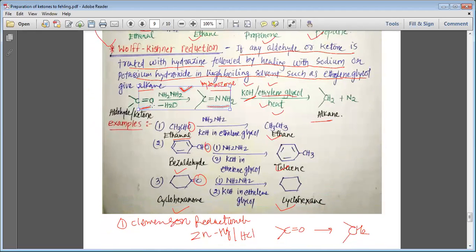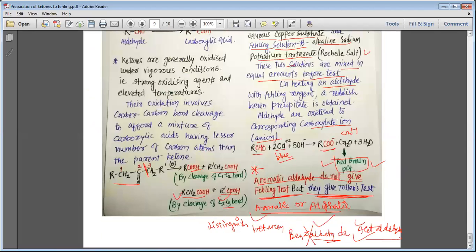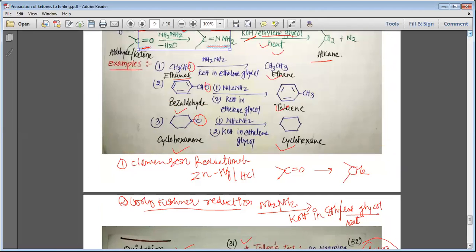Both these reductions simply give us the alkane or hydrocarbon.